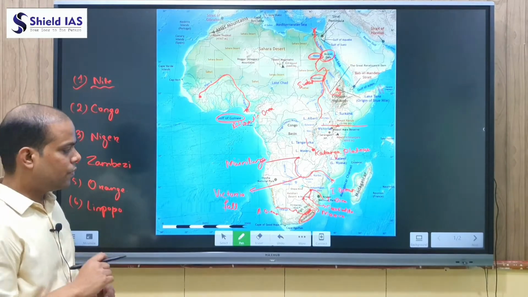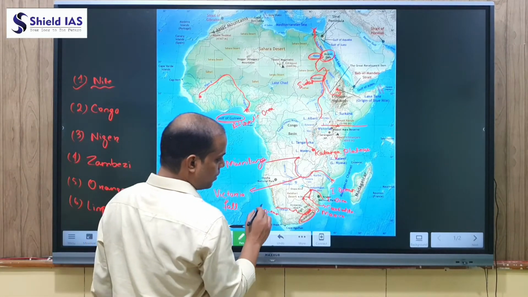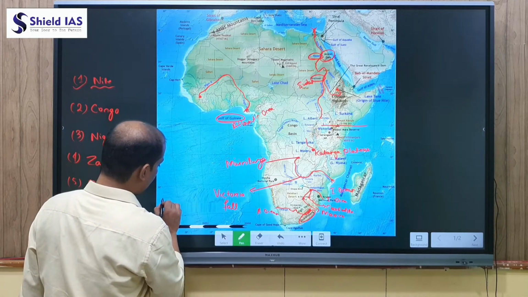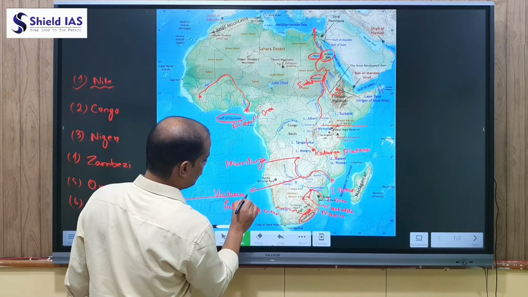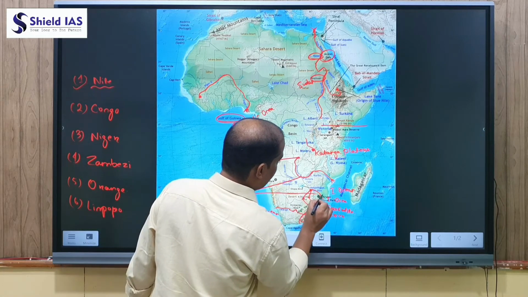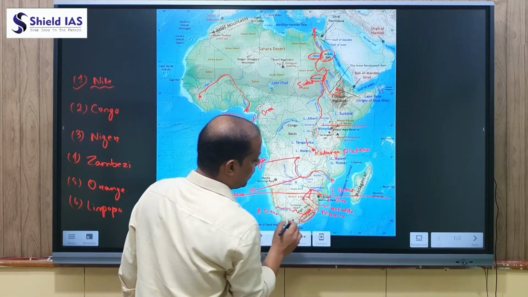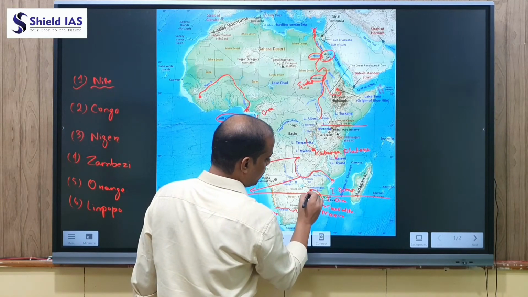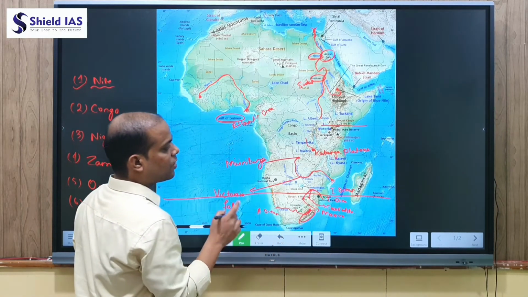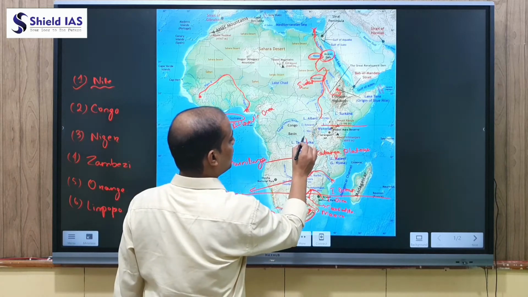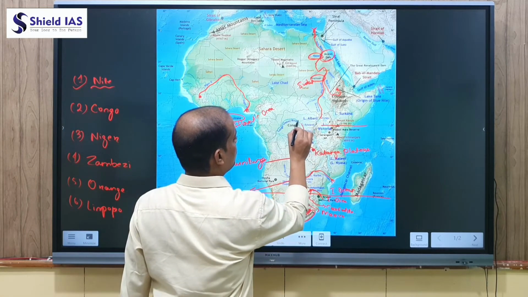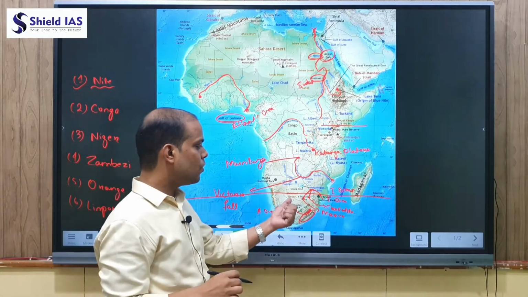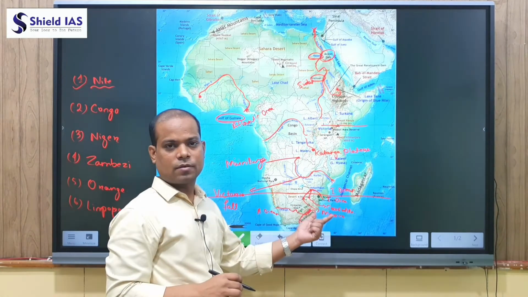So remember one thing with respect to river Limpopo: the Tropic of Capricorn passes through it, and river Limpopo crosses the Tropic of Capricorn twice, like river Congo which crosses the equator twice.